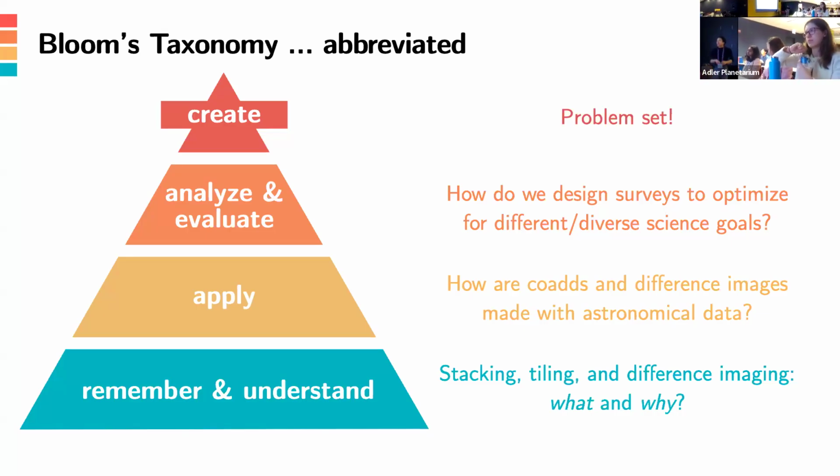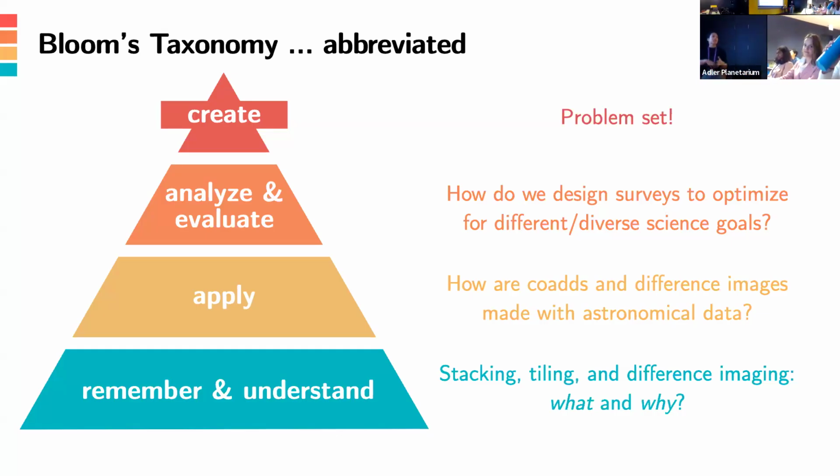Then we can go up a level and ask how are coadds, which I'll get to in a second, and difference images actually made with astronomical data? What are the pitfalls? What are the strategies that we think about to make these types of images? Then how do we design surveys to optimize for different and diverse science goals?